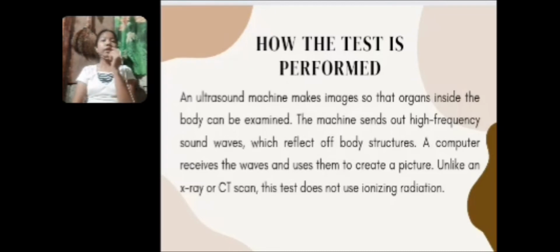So, the diagnostic ultrasound is safe because it does not use ionizing radiation, unlike the X-ray and the CT scan. Ionizing radiation can alter molecules within the cells of our body, and it can cause cancer because intense exposures of ionizing radiation may produce skin or tissue damage.